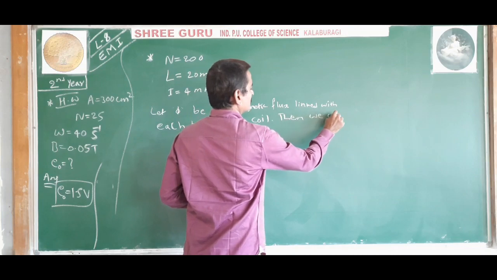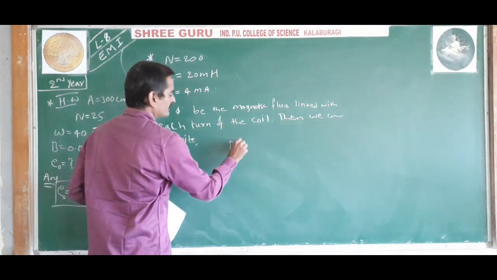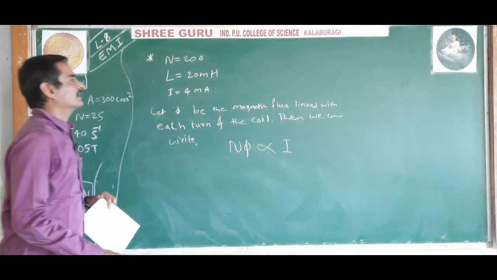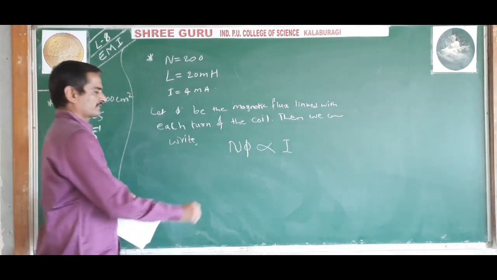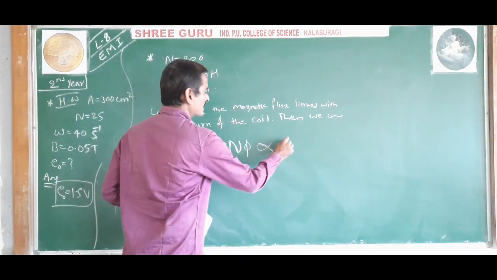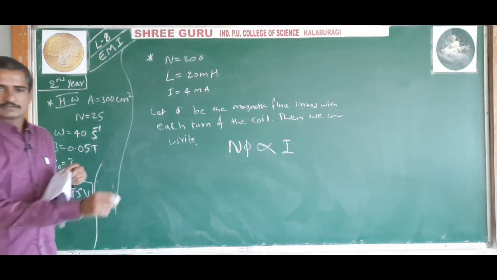Then we can write N phi is directly proportional to I. It is the total magnetic flux. The total magnetic flux in the coil will be directly proportional to the total current flowing through the coil.